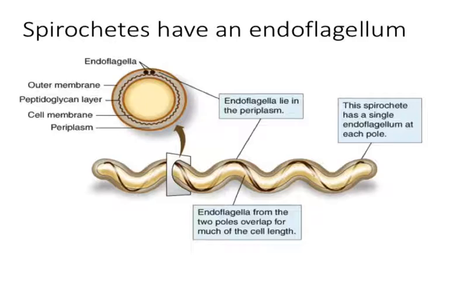Basically there are two of these, one on each end, that meet in the middle. And these corkscrew or move underneath a sheath on the outside of the cell. As they move, you're going to observe that this moves exactly like a corkscrew does, through liquid or through medium. Treponema, which is the cause of syphilis, is a spirochete.